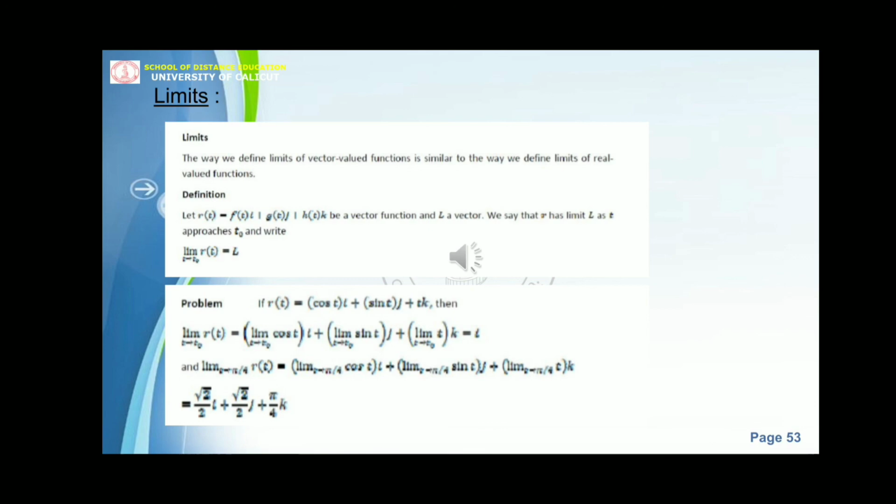We say that r has a limit L as t approaches t0 and denote it by limit t tends to t0 of r of t is equal to L. The problem given below and the solution will give more clarity on how to find the limit of a vector valued function. The limits are calculated component wise, similar to how we do for real valued functions.